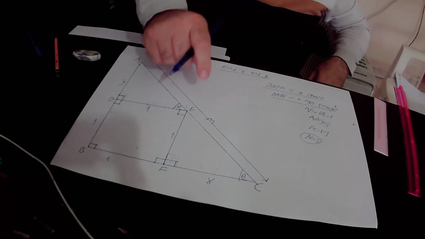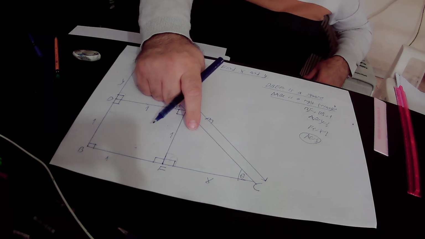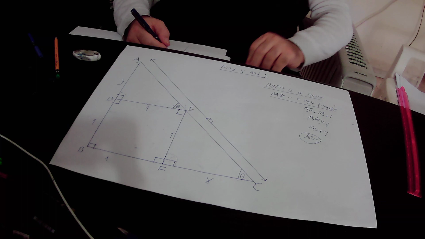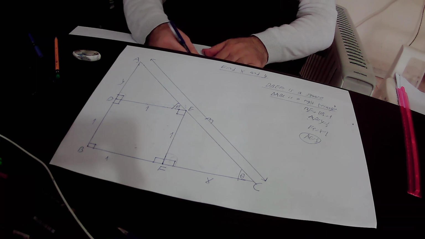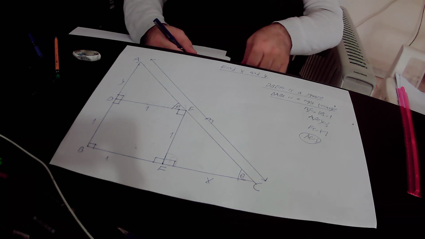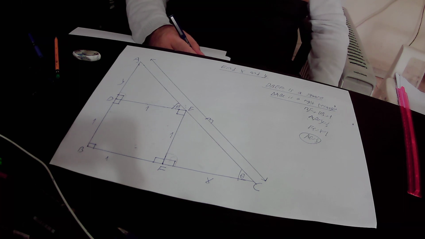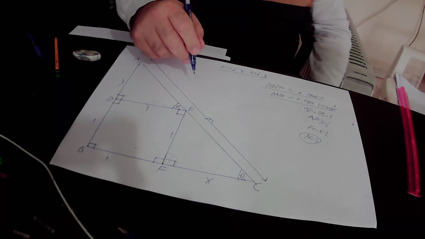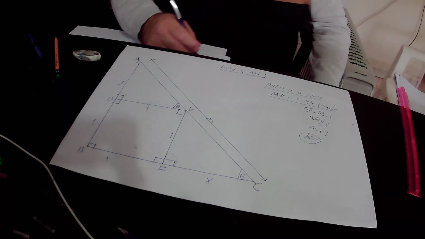In the next step, we will focus on the right triangle EFC. On the right triangle EFC, tangent theta equals EF over FC.